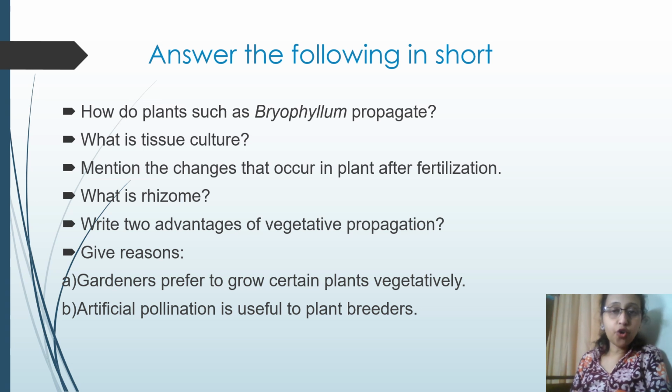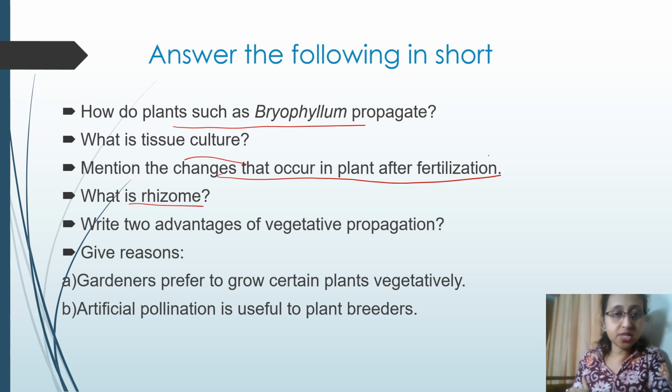So answer the following in short. First is, how do plants such as bryophyllum propagate? The next one is, what is tissue culture? Mention the changes that occur in a plant after fertilization. What is rhizome?